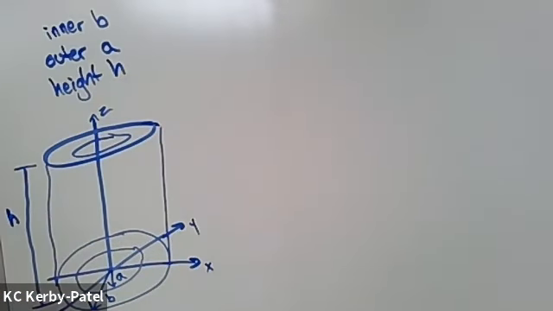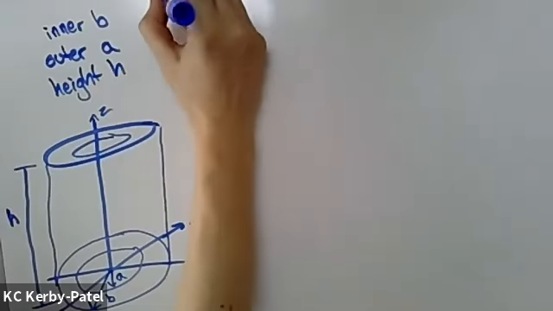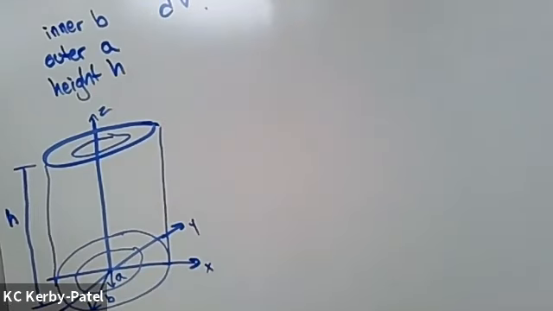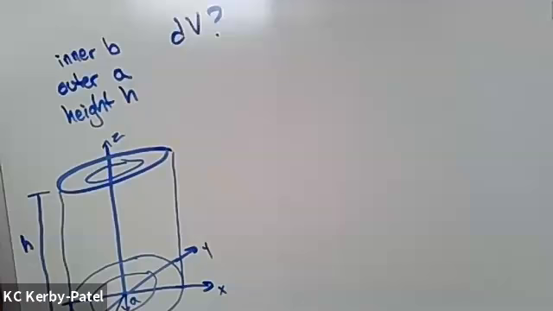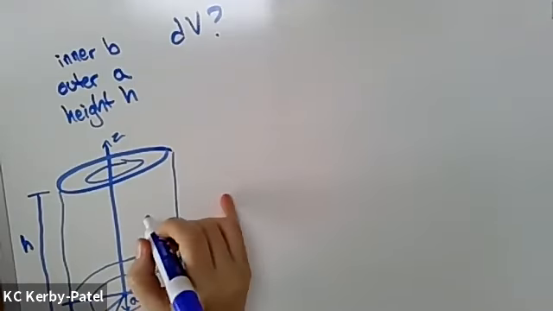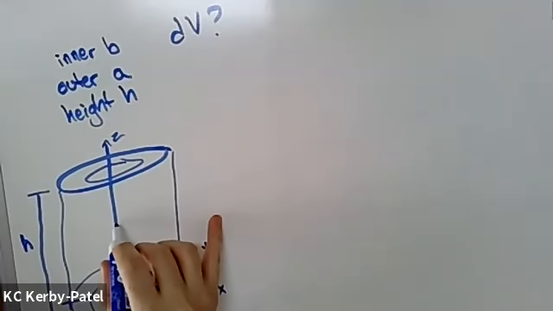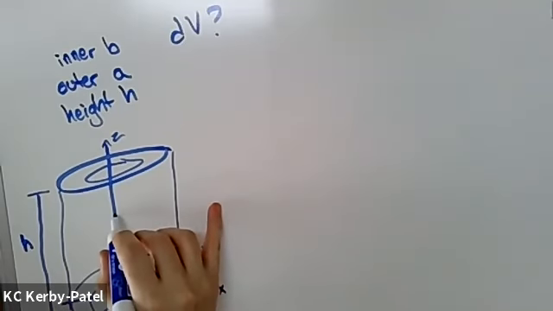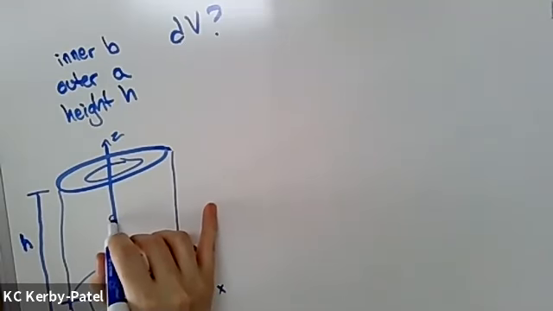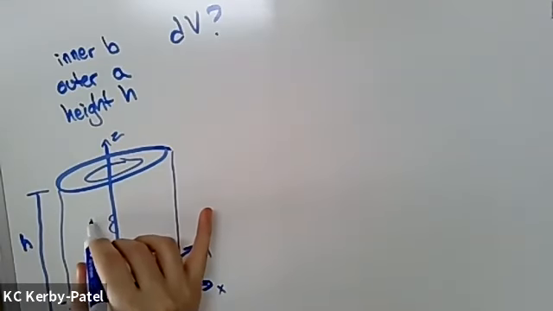How do I do that? First, I need to know the differential volume element. What is dV? We can do it by drawing a diagram. If I were to take a small chunk of this thing, let's say I take a little slice along Z, we're going to make it dZ like that.